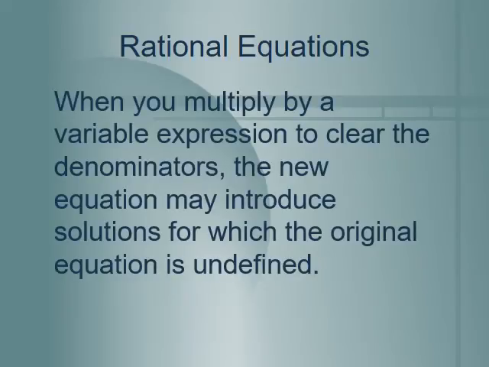When you multiply by a variable expression to clear the denominators, the new equation may introduce solutions for which the original equation was undefined. So there may be times when the original equation didn't look like it could be solved, but after you clear the denominators, it really can be solved.